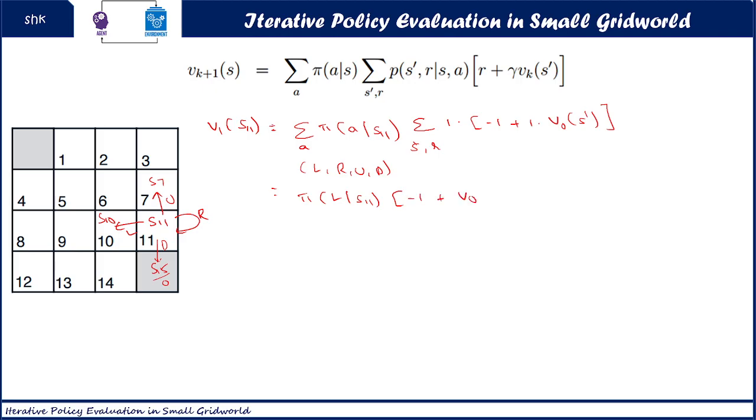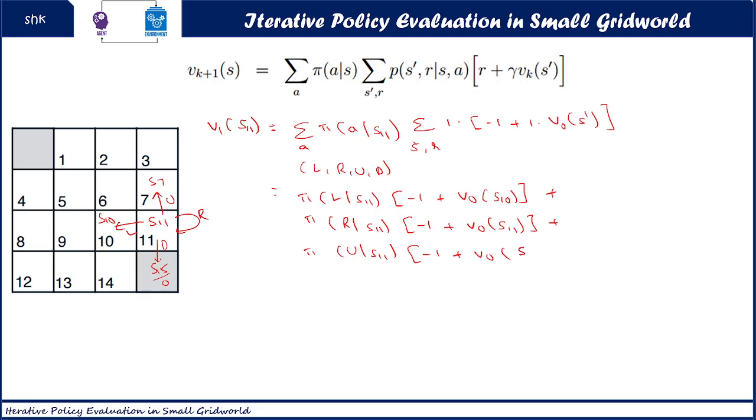When we are in S11 state, for the left action, the transition is to S10 state, plus the probability of right action from S11 state, reward is minus 1, V naught of the state we reach. When we take the right action, we fall into the same state, that is S11 only, plus the probability of up action from S11 state, reward is minus 1, plus V naught of upward state.